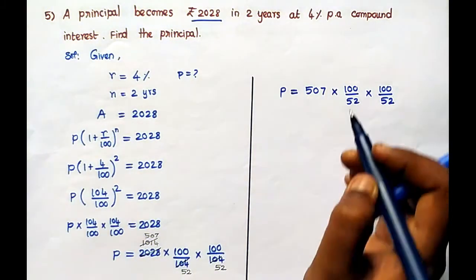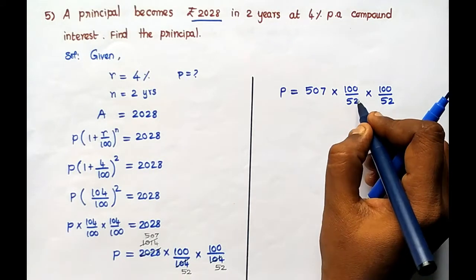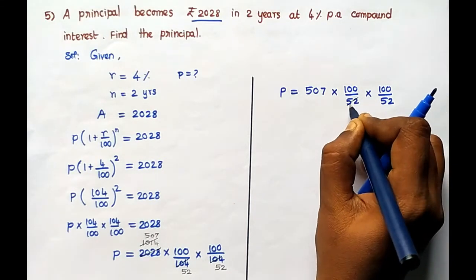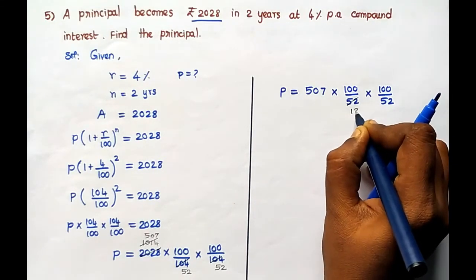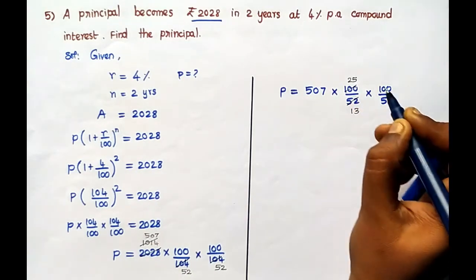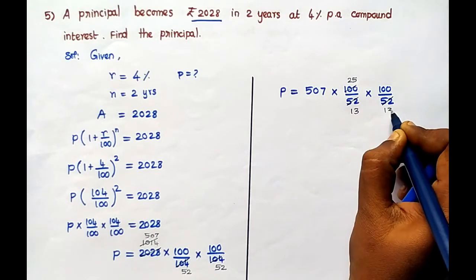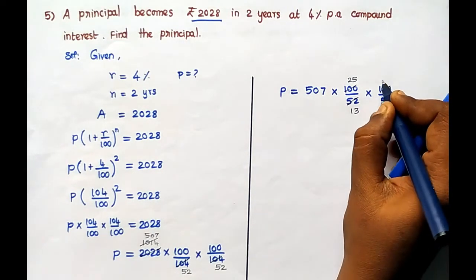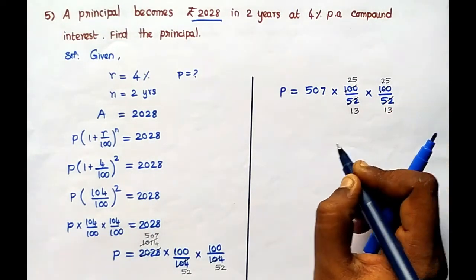Again cancellation, cancel by 4th table: 13 4s are 52, 25 4s are 100, and here 13 4s are 52, 25 4s are 100.